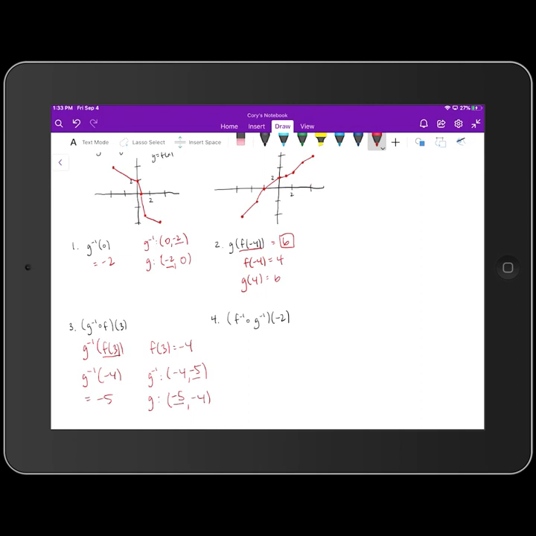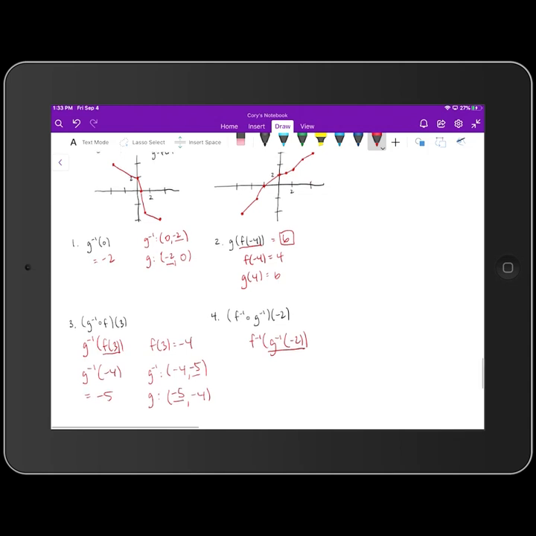Okay, number 4, f inverse composed with g inverse of -2. So this is asking us to find f inverse of g inverse of -2. We want to do the inner function in the composition first. We want to calculate g inverse of -2. So on the graph of g inverse, my input is -2.